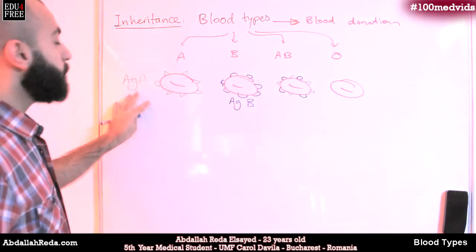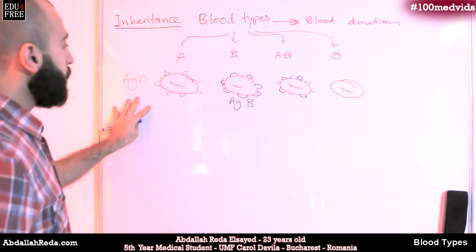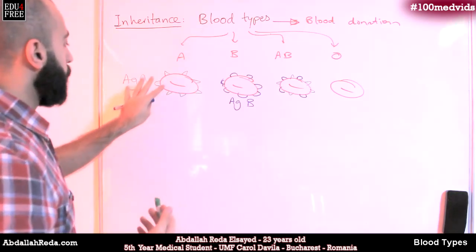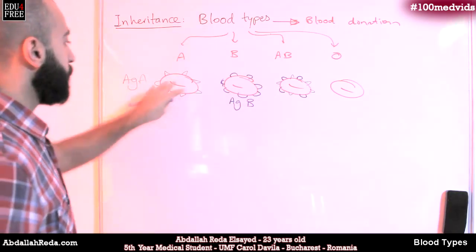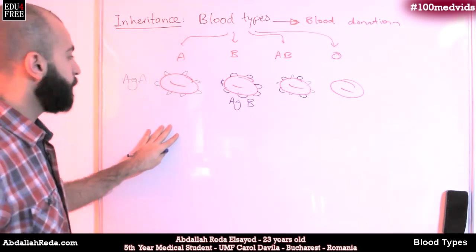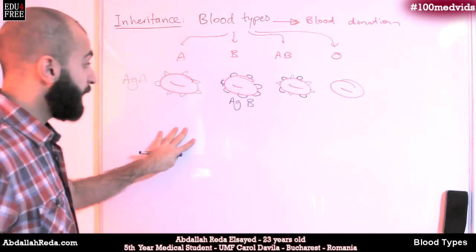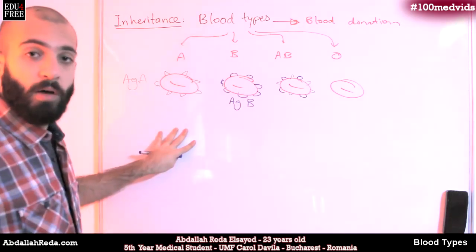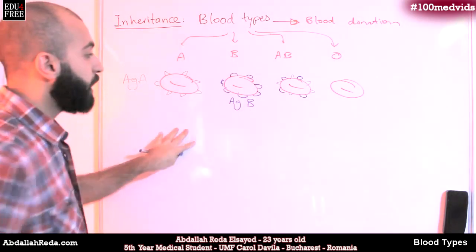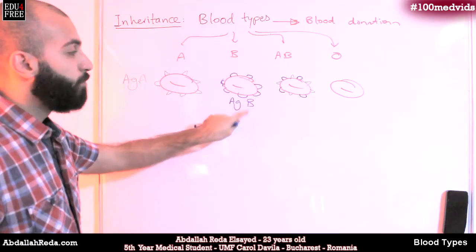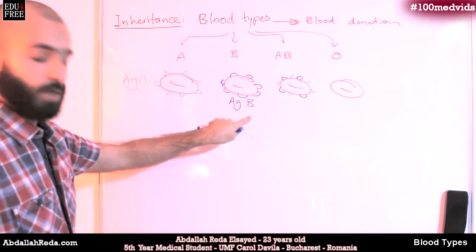So these are the antigens. Now, in each of those types, the plasma would have, for example, we'll start with A, antibodies against the foreign type of red blood cells. So it would have antibodies against B antigen.